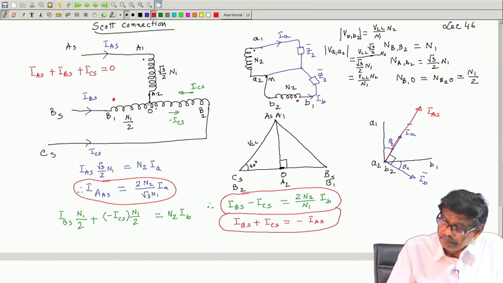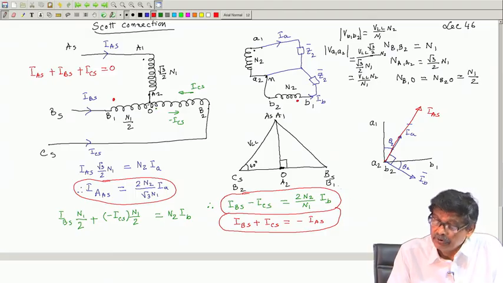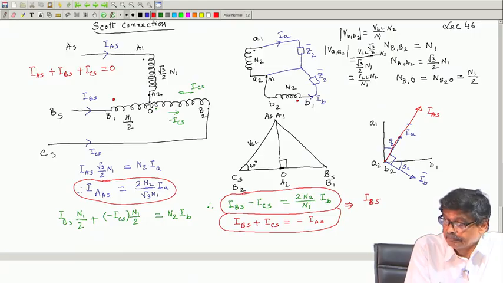These two equations are to be solved to get I B S and I C S. So, add them and divide by 2, you will get I B S, the supply current on the 3 phase side in the B phase.